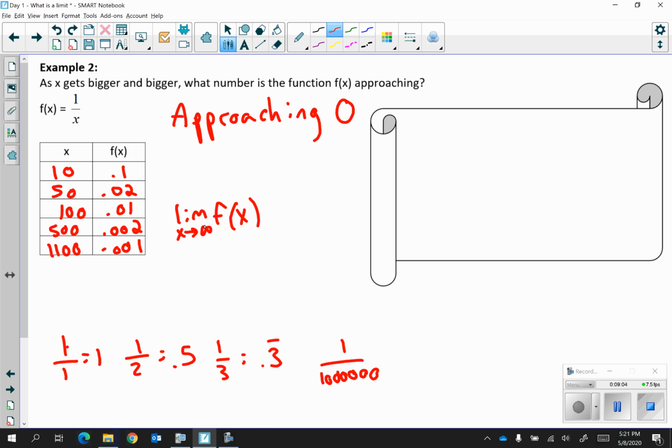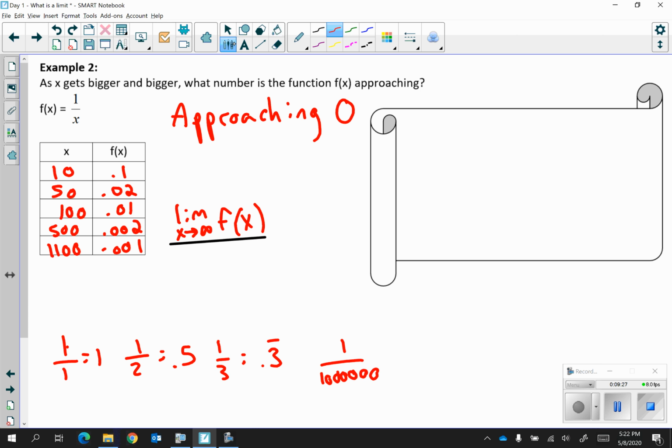So make sure that the way you write it, because I know my handwriting is not the best, if you were to have this on a line, maybe I can move this down. There we go. It's a big f of x and a smaller lim with the x goes to infinity underneath.